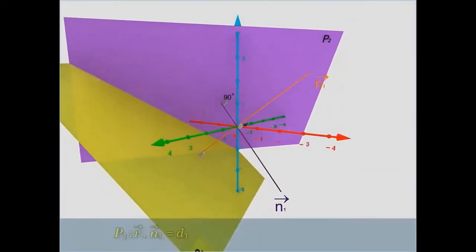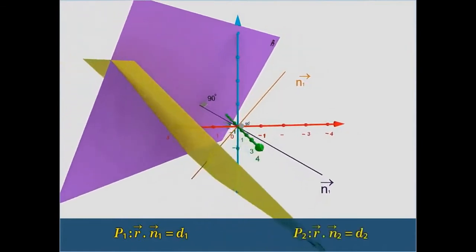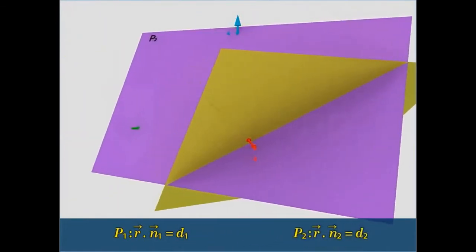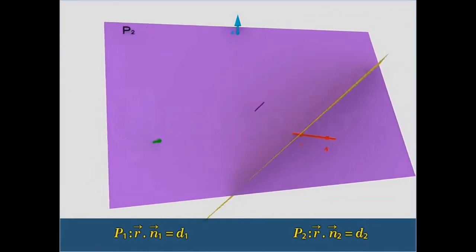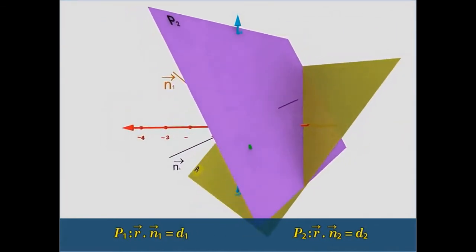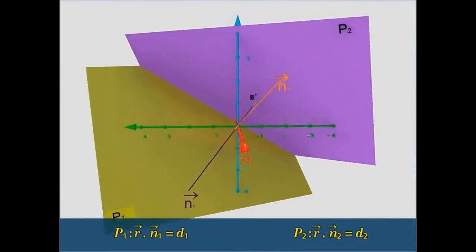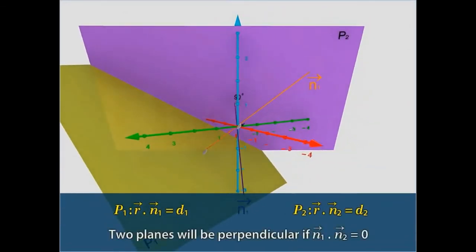Two planes capital P1 and capital P2 with equations vector R dot vector N1 equals D1 and vector R dot vector N2 equals D2 are perpendicular if vector N1 dot vector N2 equals 0.